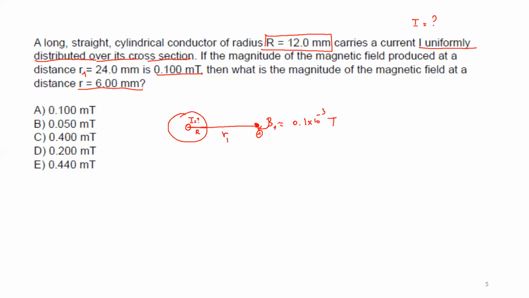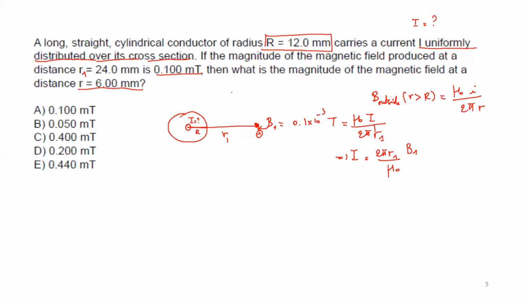You know that B outside my wire, when R is bigger than capital R, is very simple. It's just mu naught I divided by 2 pi R. That means my B1 is mu naught I divided by 2 pi R1. So I can find I: I is 2 pi R1 multiplied by B1 divided by mu naught.